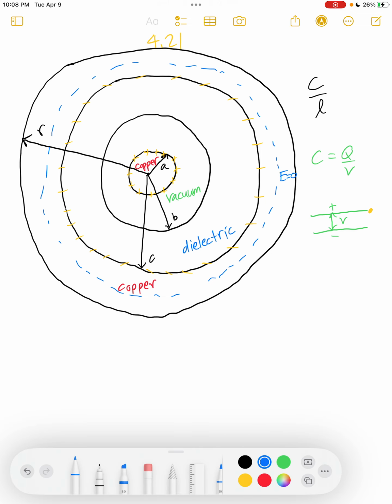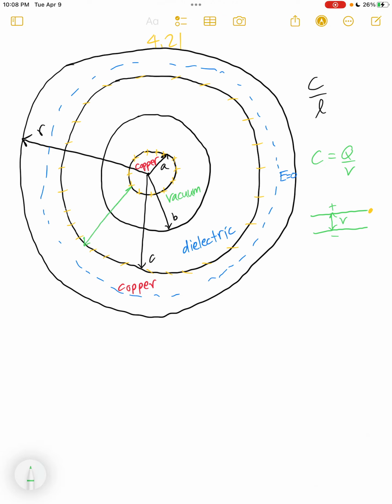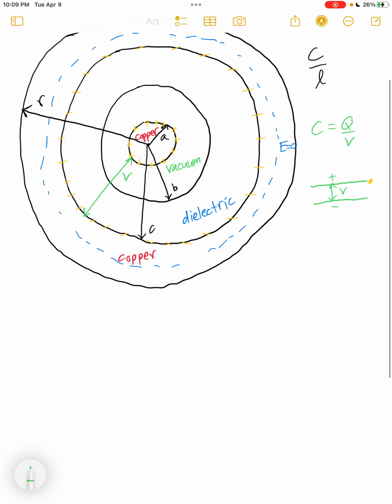So, what we really need to do is find the potential difference between A and C, right? We'll use this handy-dandy equation to find this potential difference.